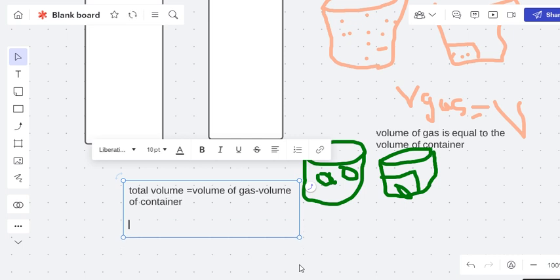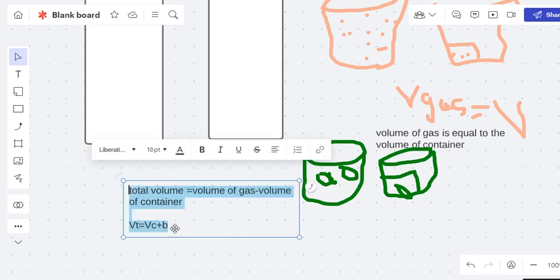Okay, so mathematically we can write that V, capital V, small t, is equal to the volume of container plus B.